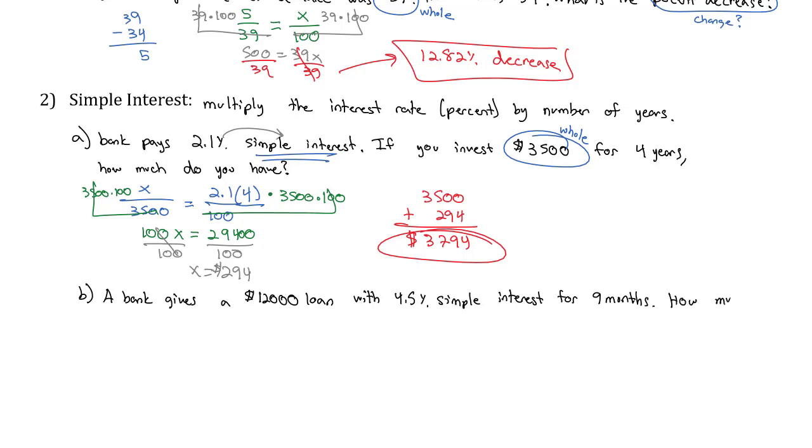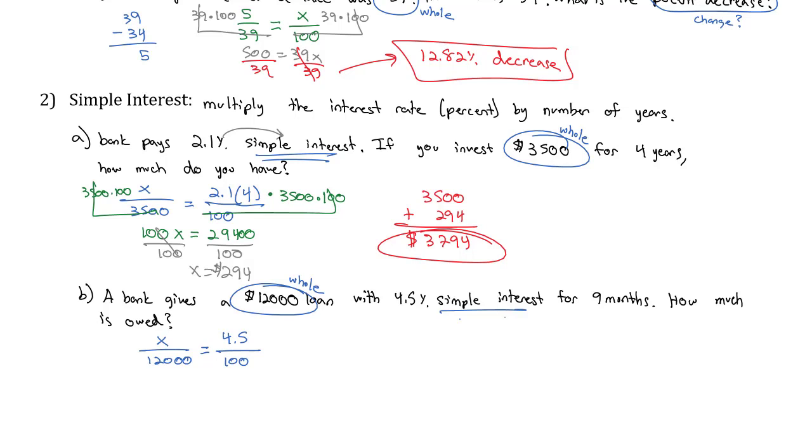How much is owed? Very similar to the previous problem. That $12,000 loan represents all of the loan. That is the whole. We're looking for that part, the interest that was charged. So we put the part over the whole. X over 12,000 is equal to the percent, which is 4.5% over 100.